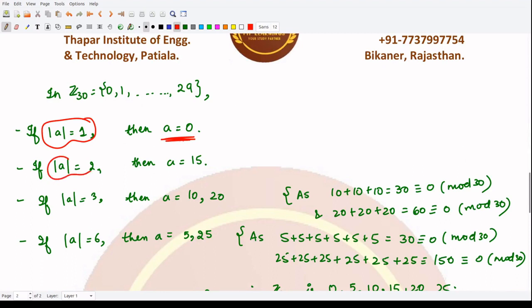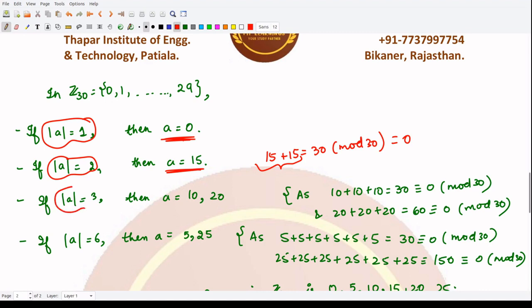If the order of A is 2, then A has to be 15. Why? Because when you do 15 plus 15, you get 30, and 30 mod 30 is equal to 0, right? Which is the identity of the group Z30. So the order of the element 15 is 2, hence A is equal to 15 in this case, and there is no other element within Z30 having order 2.